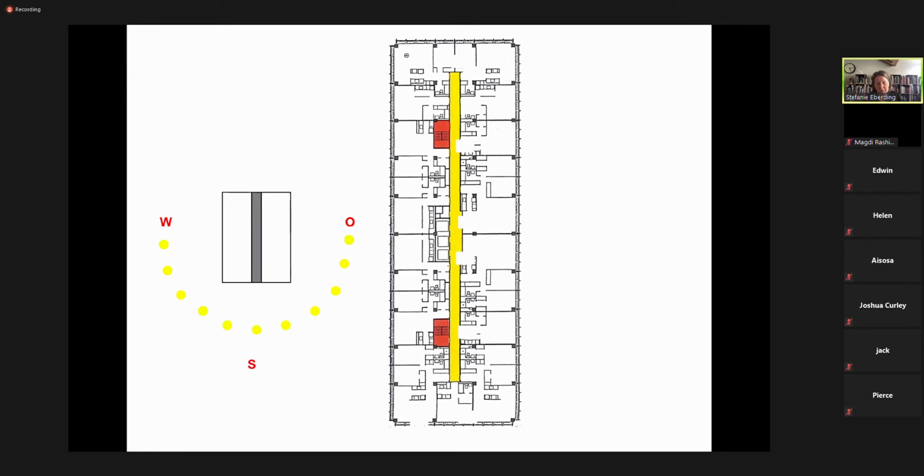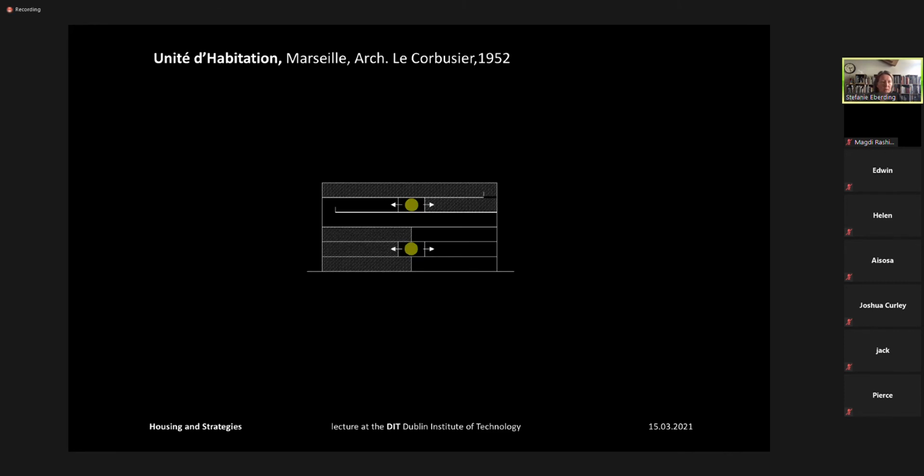But the disadvantage of the inside corridor is that you have no natural light in it. In the dimensioning, one apartment is 6.5 wide, and the depth provides good natural lighting in the apartment.